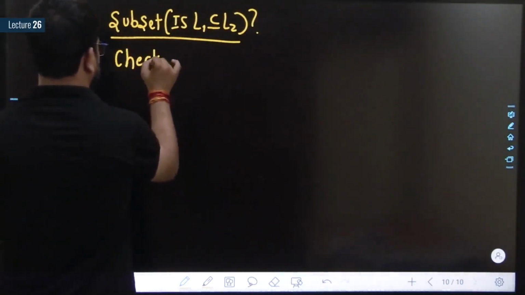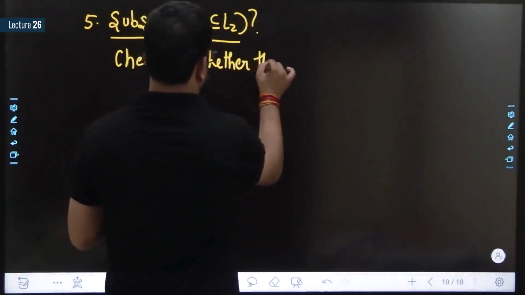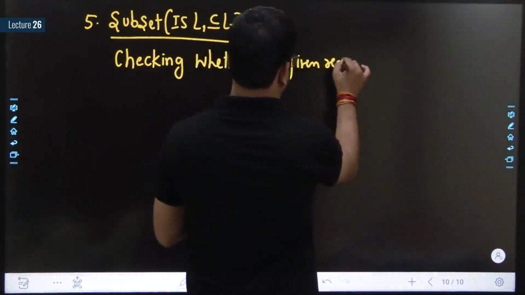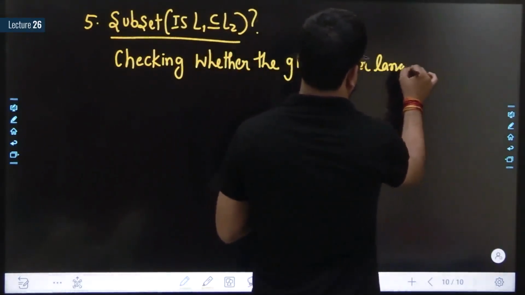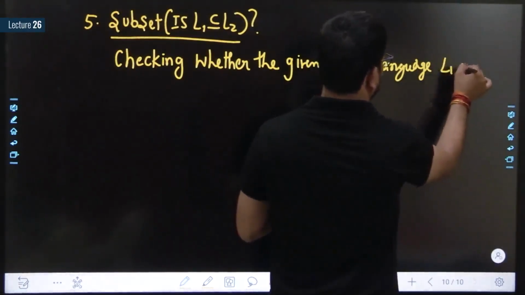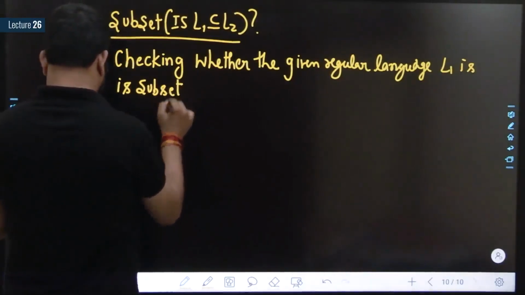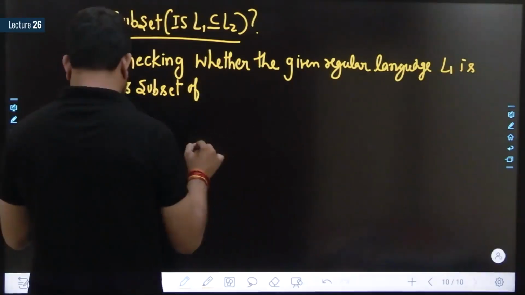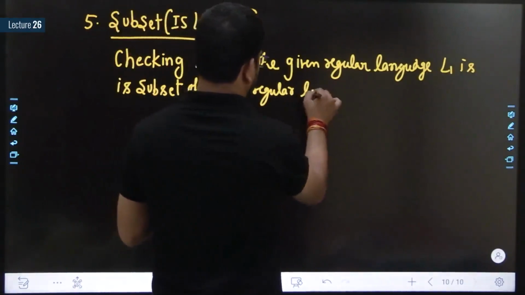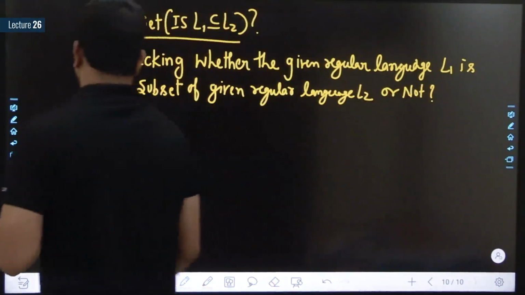Checking whether the given regular language L1 is a subset of the given regular language L2 or not. What is the algorithm?